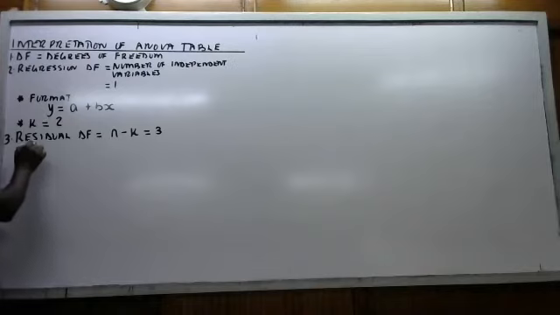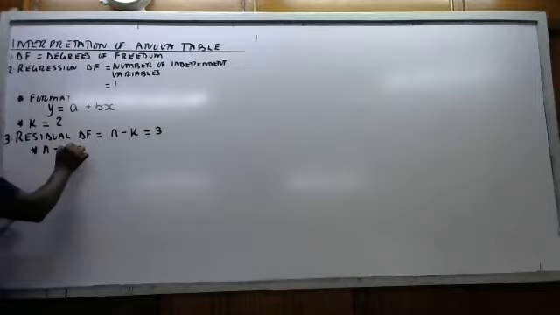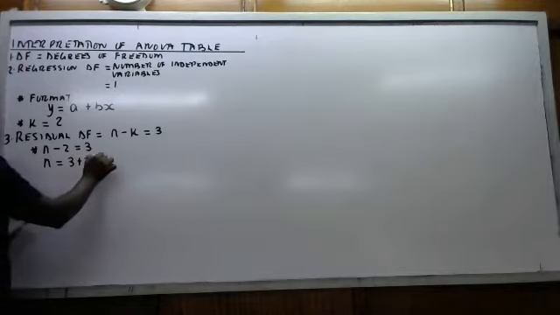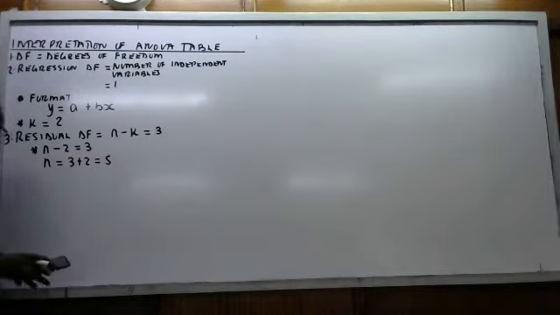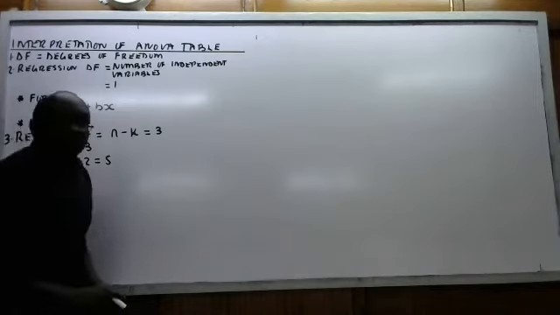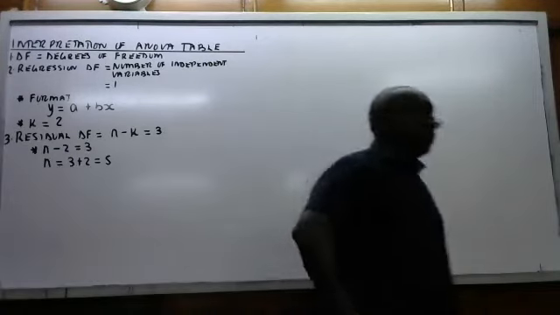So based on that, we are able to say that n minus 2 is equal to 3, and therefore n should be 3 plus 2, which is equal to 5.